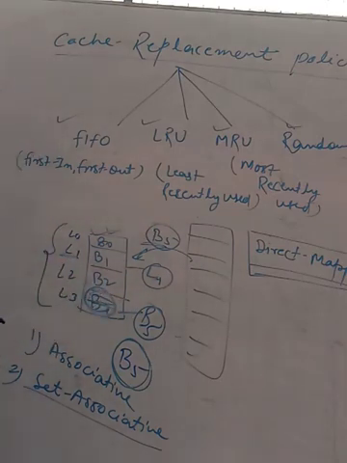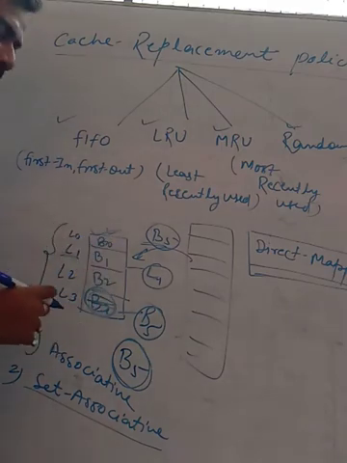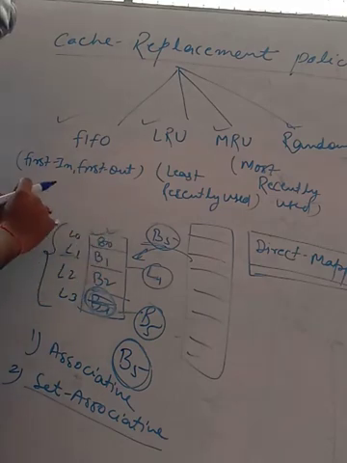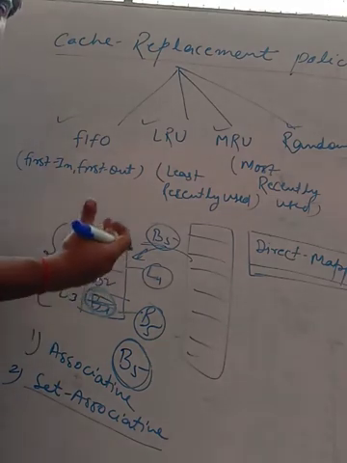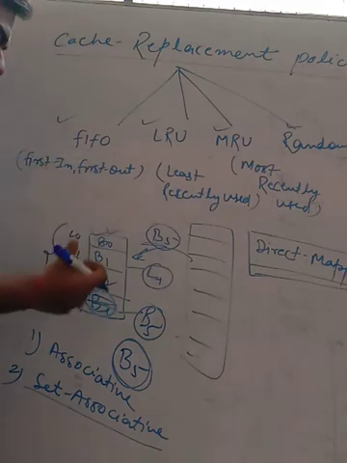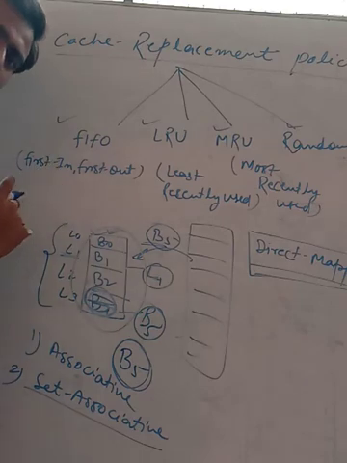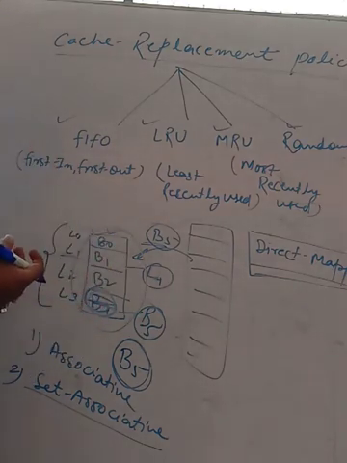There is another thing to discuss. When the CPU requires data that is already stored in cache memory, suppose B0, B1, B2 or B3, it is already present in cache memory, so we do not need to replace any block.